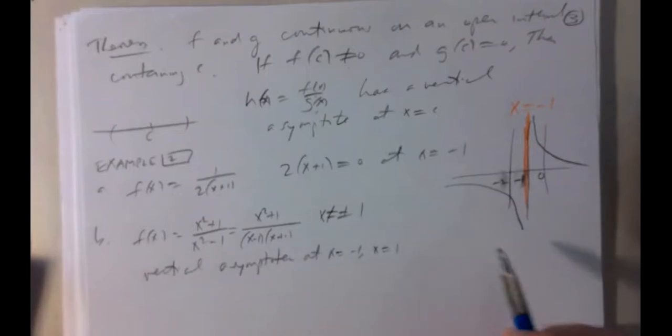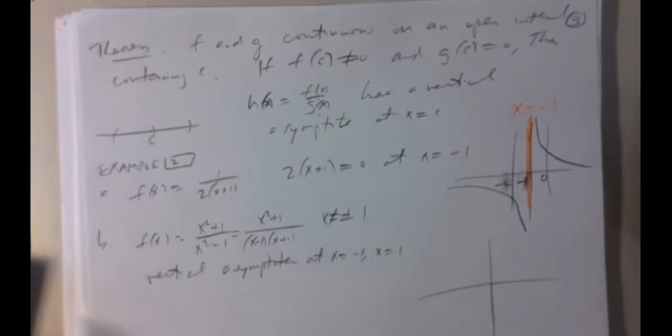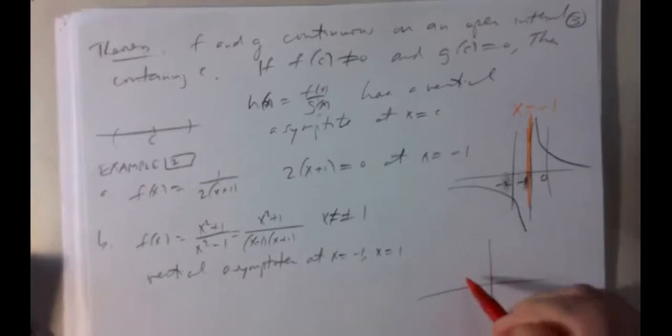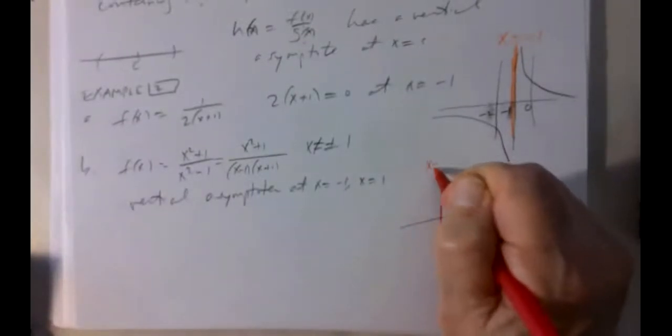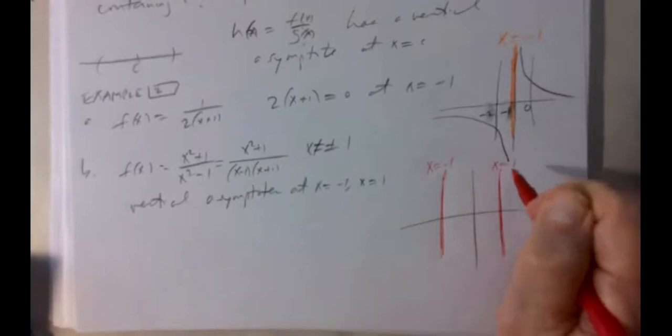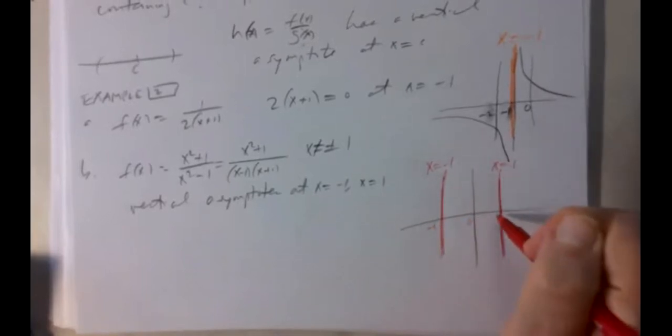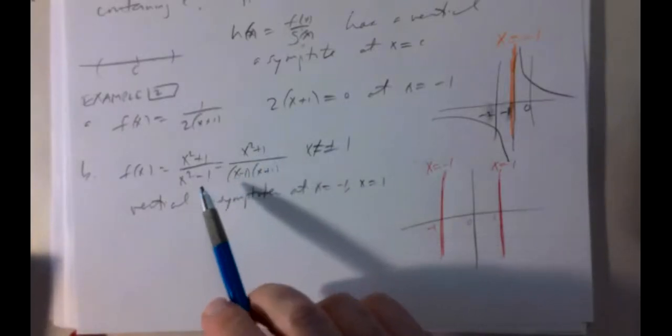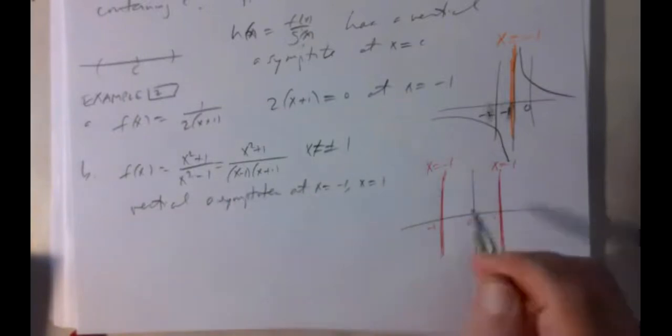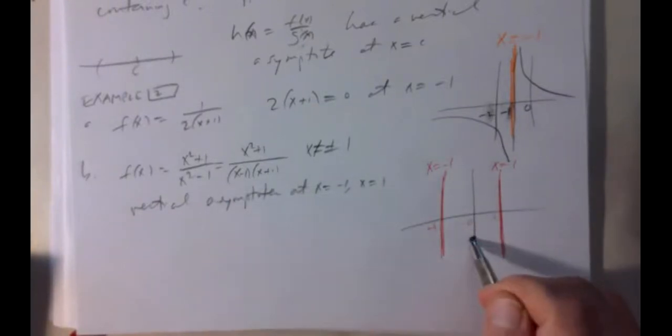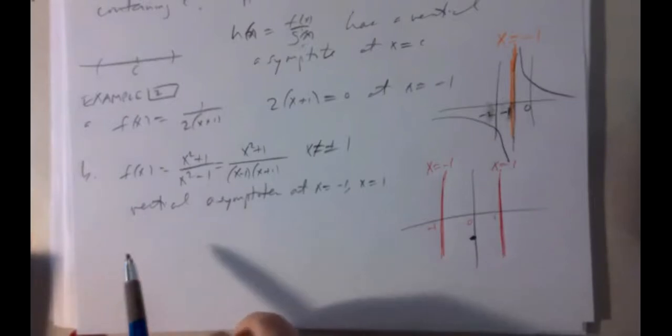And the graph of this function is going to look like this. This is the vertical line x equals minus 1. This is the vertical line x equals plus 1. And for example, when x is 0, f of 0 is minus 1.